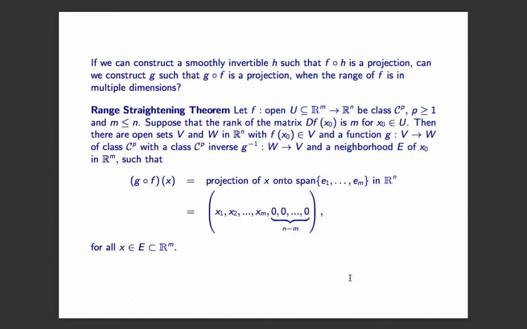And there's a g, my range straightener, that's going to take the output of f to w, which is again still in the codomain of f, Rn. G is also going to be class Cp and have a class Cp inverse. And on some neighborhood of x naught, g composed with f will be a projection of x onto the first m axes. In other words, I'll get x1 through xm, and then all the other entries will be 0.